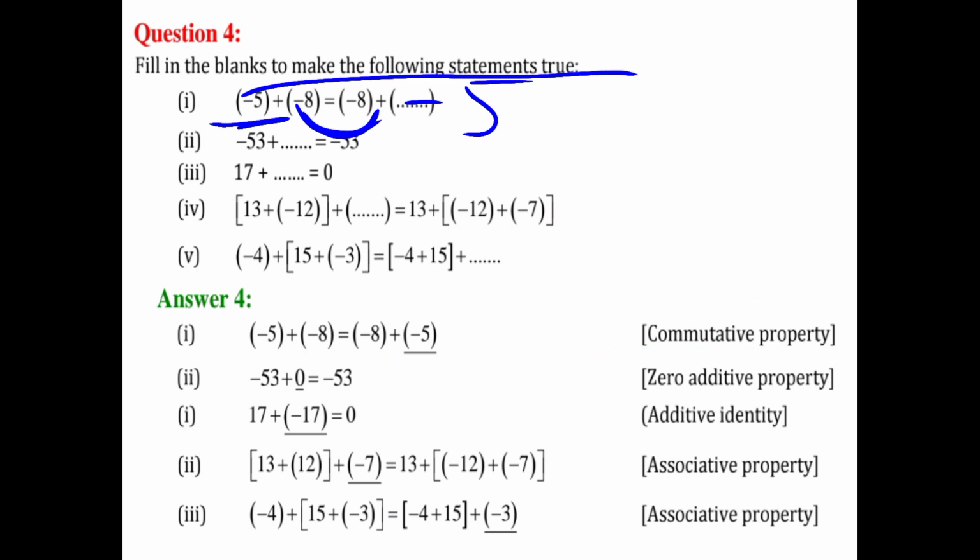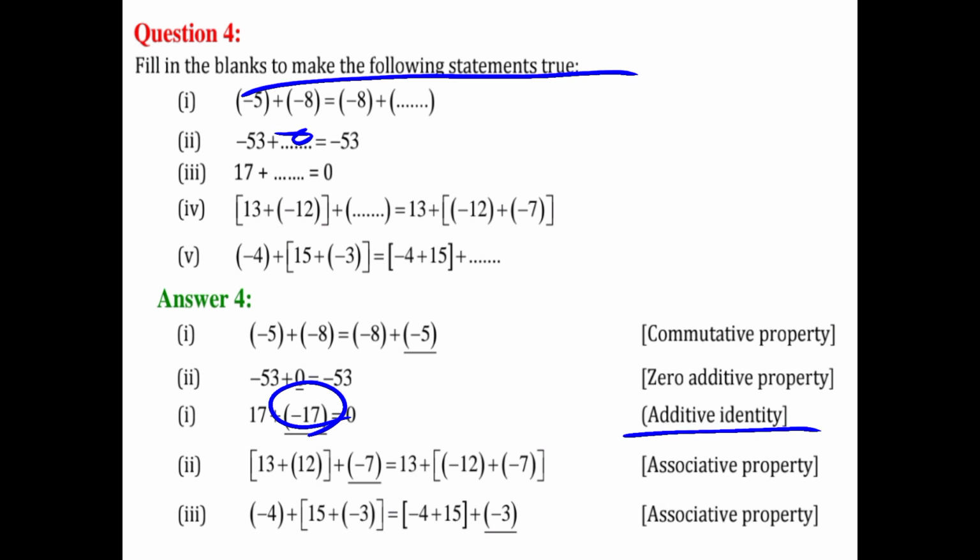Next, -53 plus what is equal to -53? Simply plus 0. Then, -17 plus what gives us 0? 17 plus negative 17 gives us 0, which is the additive identity.